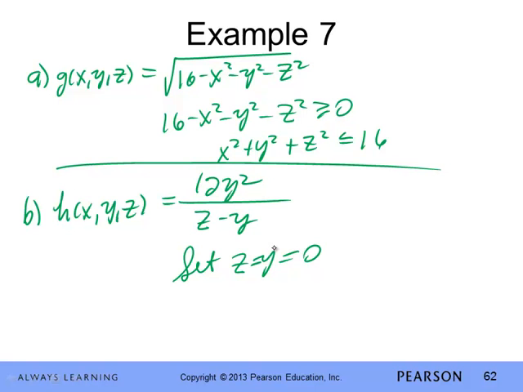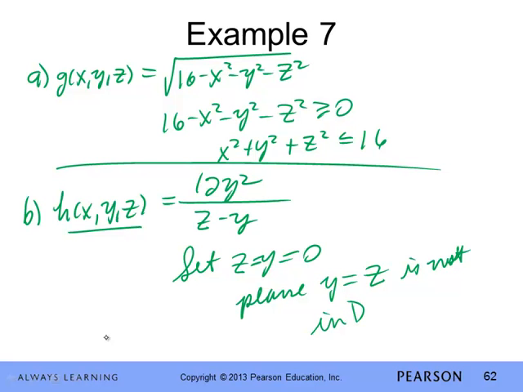But wherever z minus y is equal to 0, we will exclude that set of points from the domain. We know that we're operating in 3 dimensions, don't we? So the plane defined by y equals z is not in the domain.